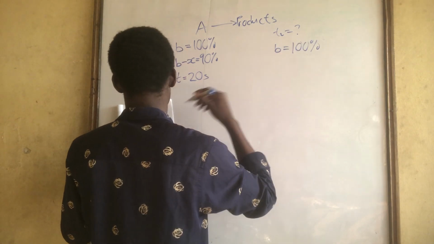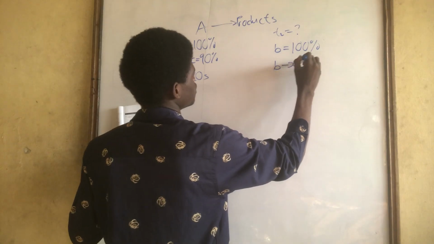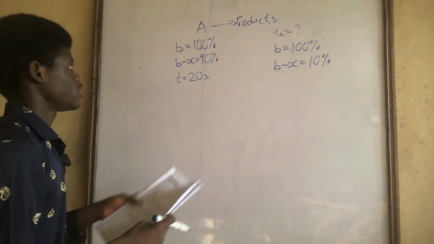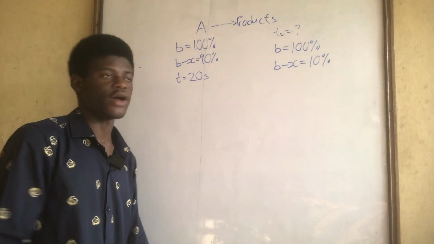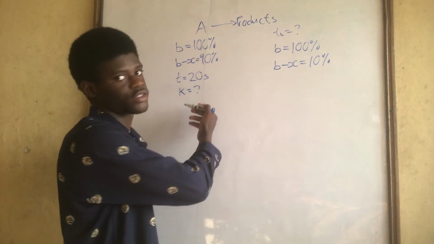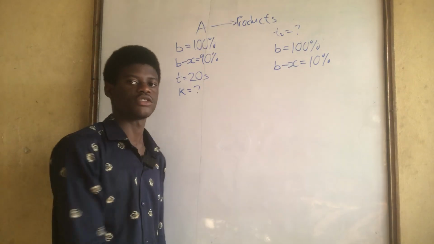If it is 90% complete, that means it is 10% incomplete. So we have to find the rate constant first, then use this rate constant to look for the time in the second scenario.